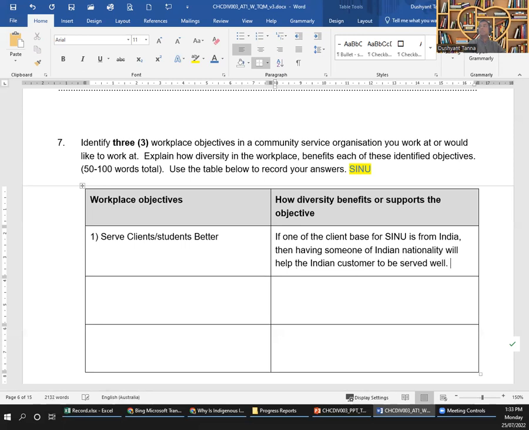Simple. For that, I need to recruit someone who can understand India, geographical India, not just by reading or Googling and serving, or using translation. Translations are good, but not 100%.